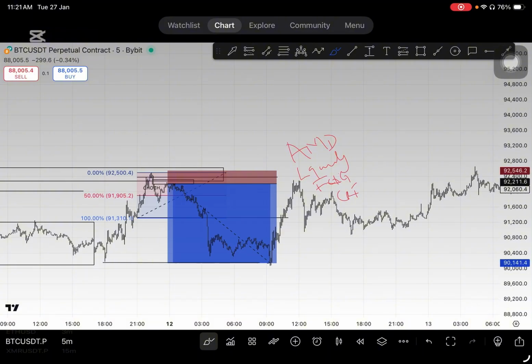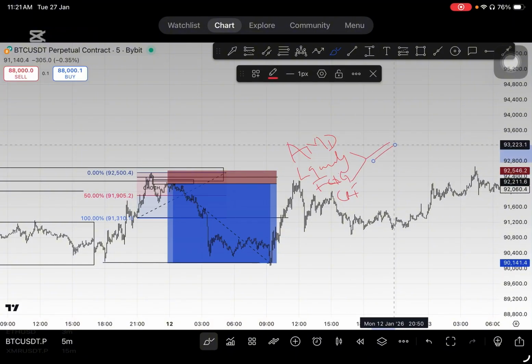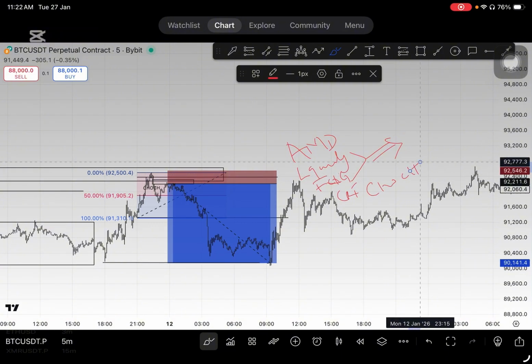So for the AMD, you are targeting to see accumulation, manipulation, distribution, and for the liquidity, you have to sweep liquidity. If you don't ever see a liquidity sweep, make sure you tap into a fair value gap. So this works hand in hand. And for the CRT, you have to basically see a change of character, and you have to see a fair value gap, or FVG.